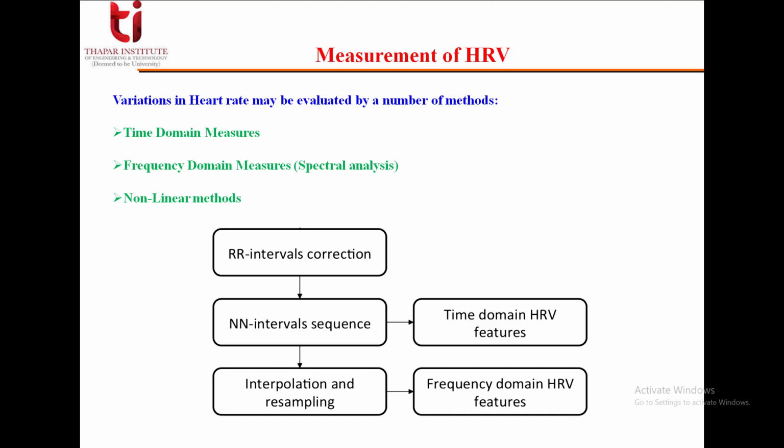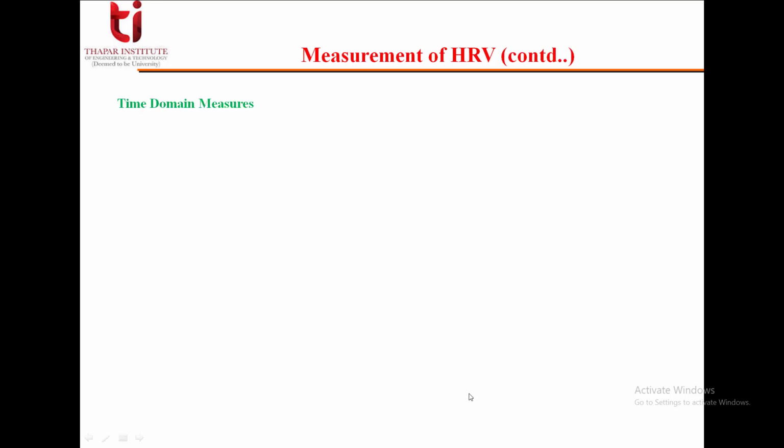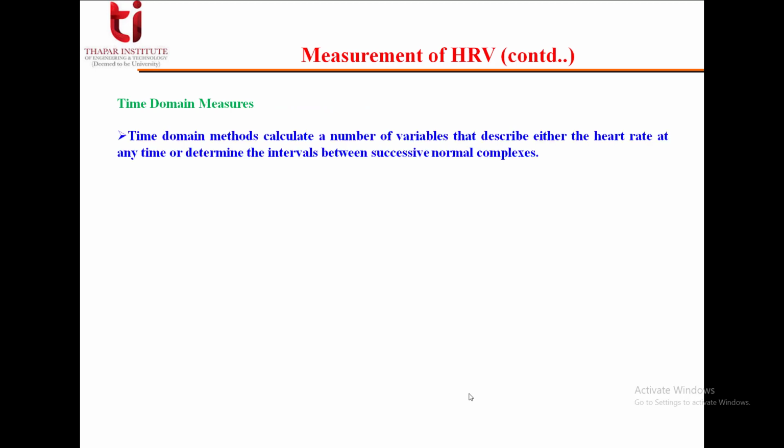So, RR interval correction, then we have the NN interval sequence, and from this we have time domain HRV features, and then we interpolate and resample this to produce frequency domain HRV features. Now let's start discussing the time domain measures.